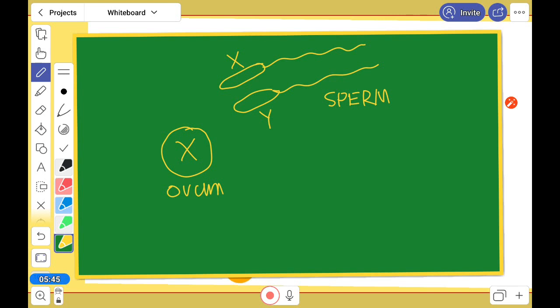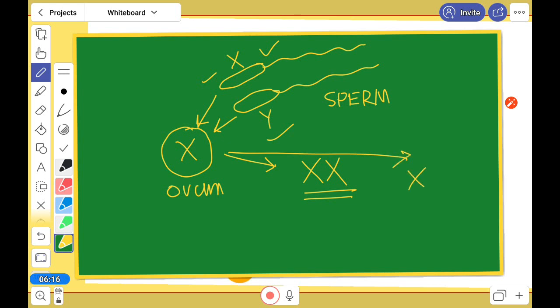In sex determination in humans, we know that the ovum always contains the X chromosome, and the sperm has 50% X and 50% Y. According to which sperm fertilizes the ovum, the sex is determined. If it is X with X, then it is a female child, and otherwise it is a male child.